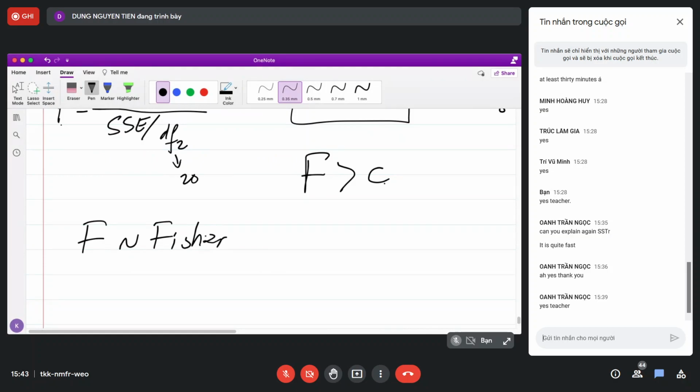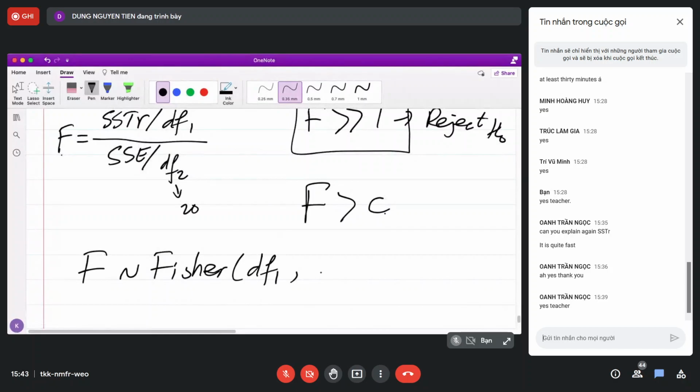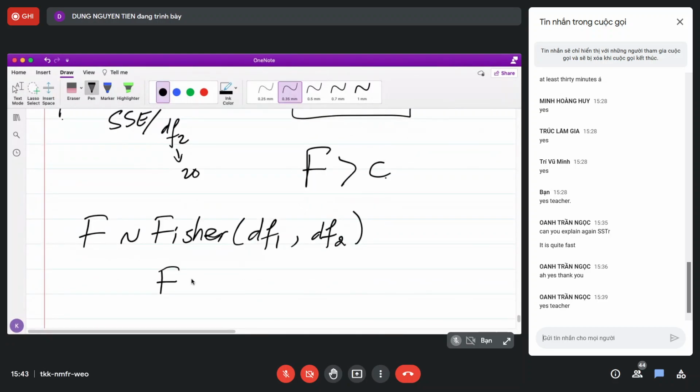The first parameter is the degree of freedom for the sum of squares for treatment, and the second parameter is the degree of freedom for the error sum of squares. Sometimes we call it the F distribution, and we can denote it by F with df1 and df2. Do you understand? That's clear?